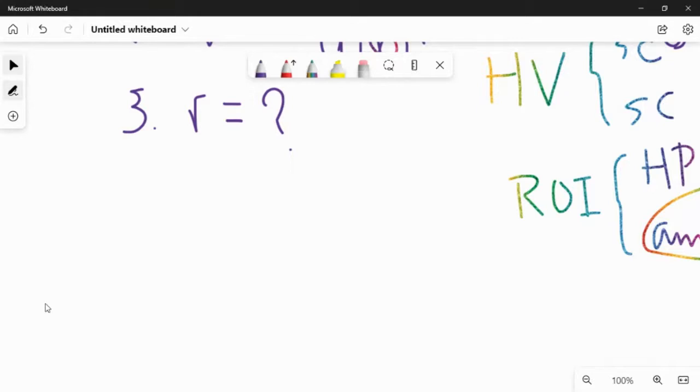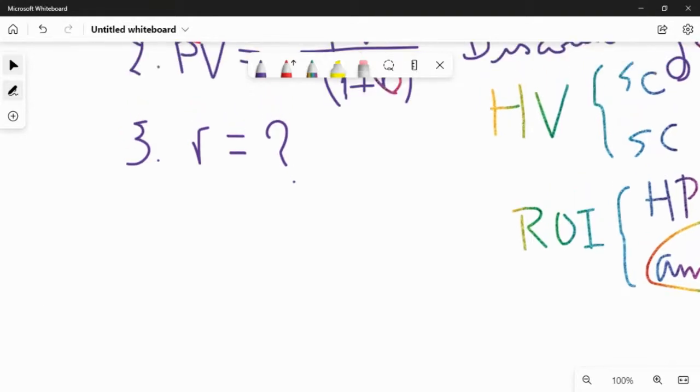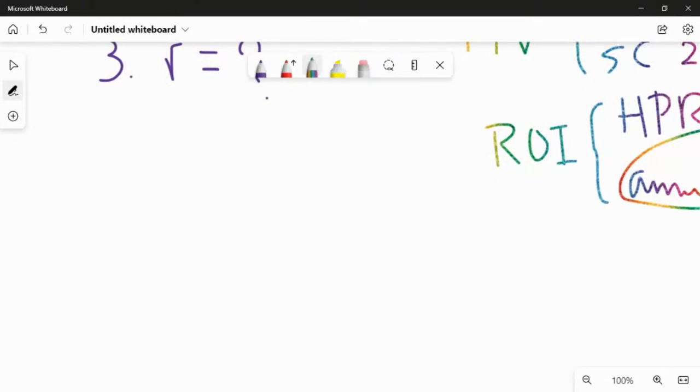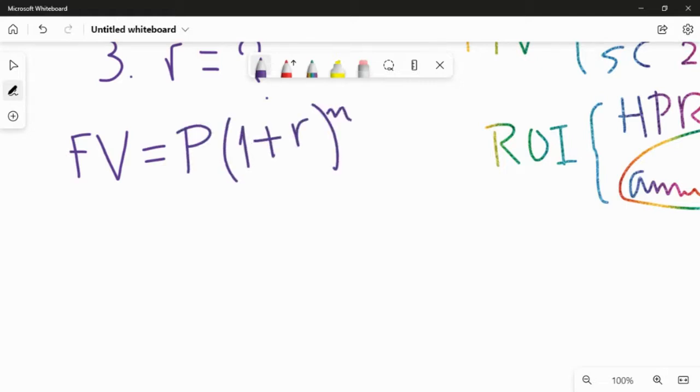As usual, we start from the base formula. The base equation is future value equals P times (1 plus R) raised to N, right? And the problem we have now is that we can identify the z equals x times y structure.